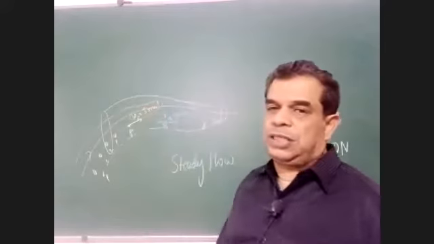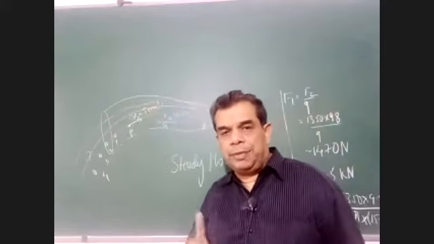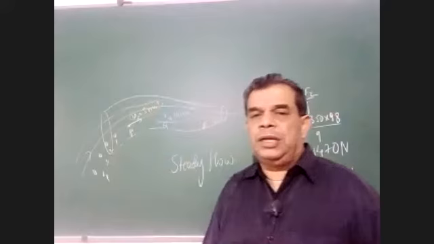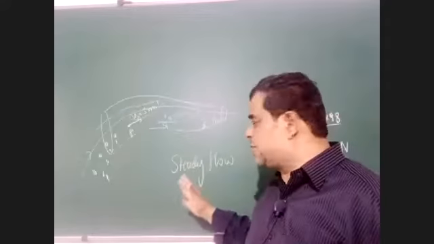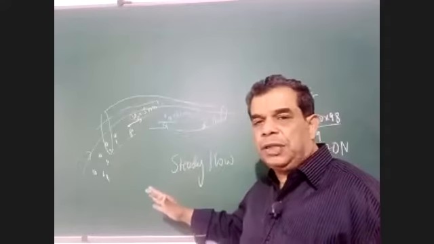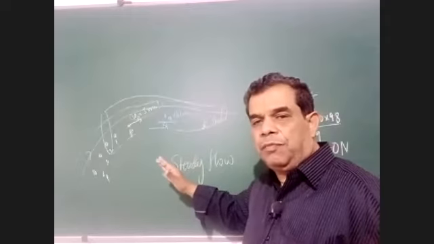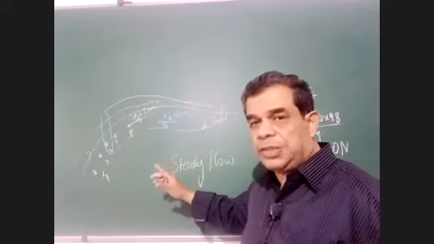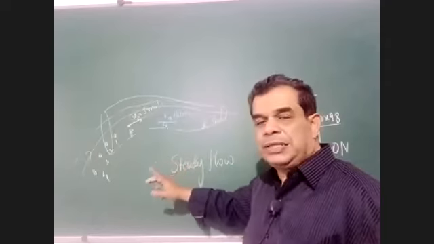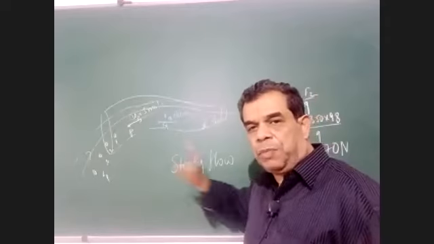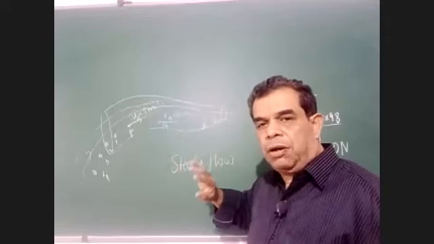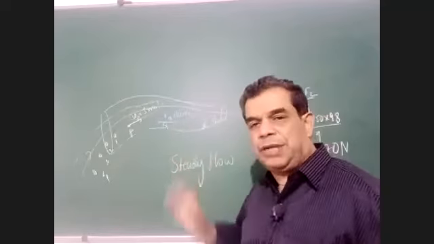That's what we call a steady flow or streamline flow. Let me repeat it and then proceed. A steady flow is a type of flow in which the velocity of the particles at a given point is the same when they pass through the point. All the particles which pass through that have the same velocity.